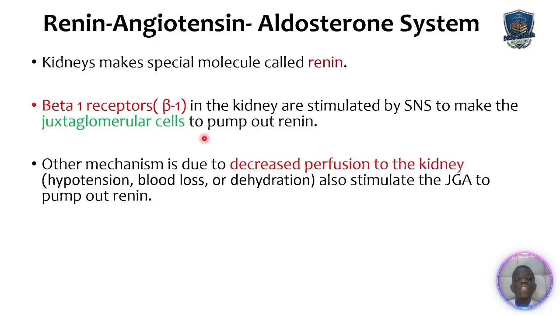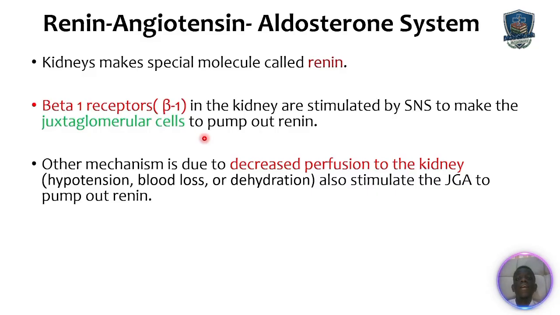Apart from the sympathetic nervous system stimulating the juxtaglomerular cells to release renin, we also have other mechanisms that stimulate our kidneys to release renin. Number one is when there is decreased perfusion to the kidney. Remember, during shock, when the client has lost a lot of fluids, maybe through blood loss, hemorrhage, dehydration, or hypotension, the kidneys will be hypoperfused.